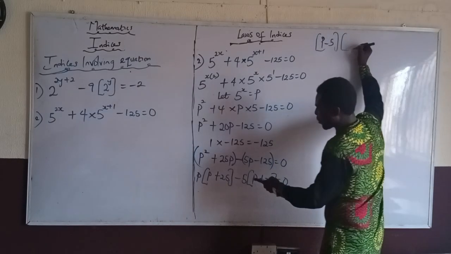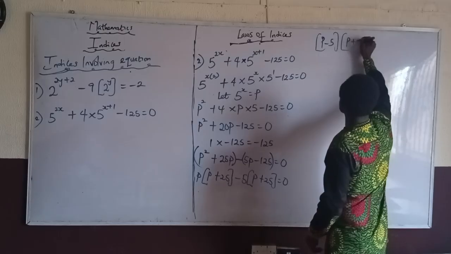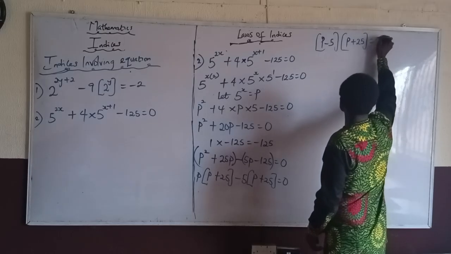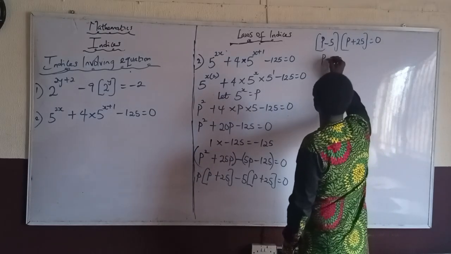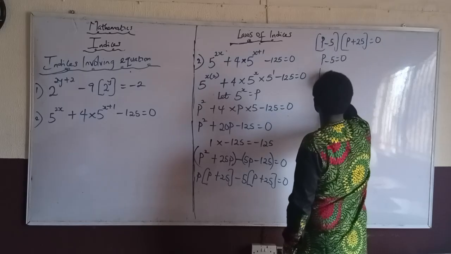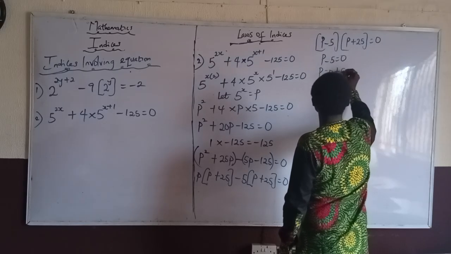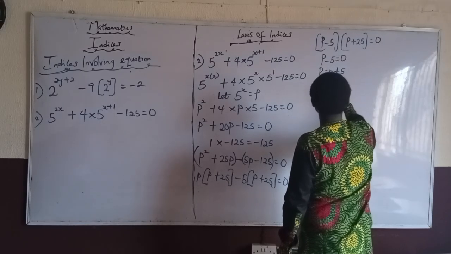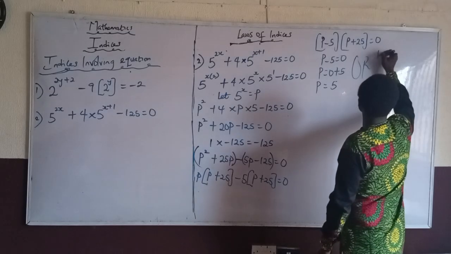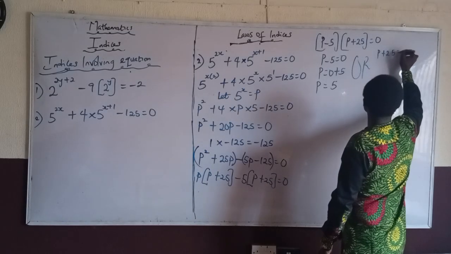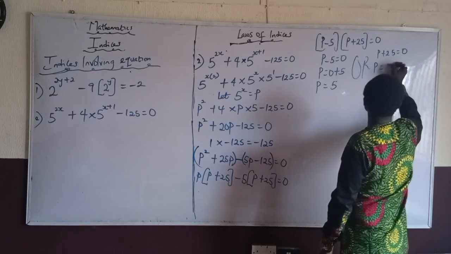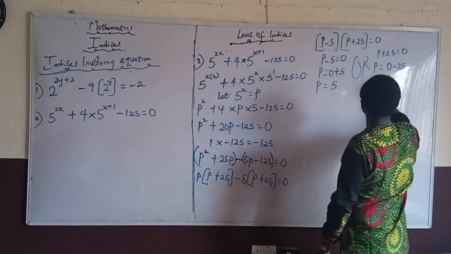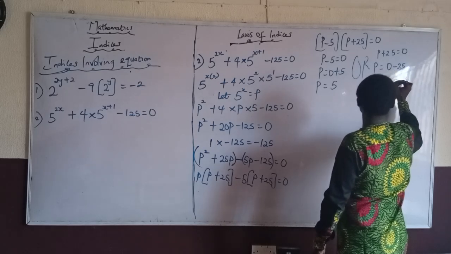The ones in the bracket I pick one, that is p plus 25 equals 0. So here is p minus 5 equals 0. p becomes 0 plus 5, p becomes 5, or p plus 25 equals 0. p becomes 0 minus 25, p becomes minus 25.